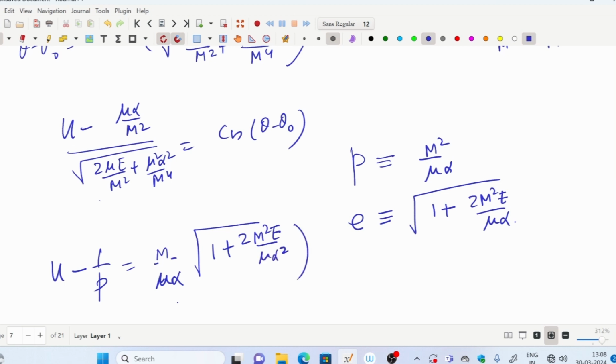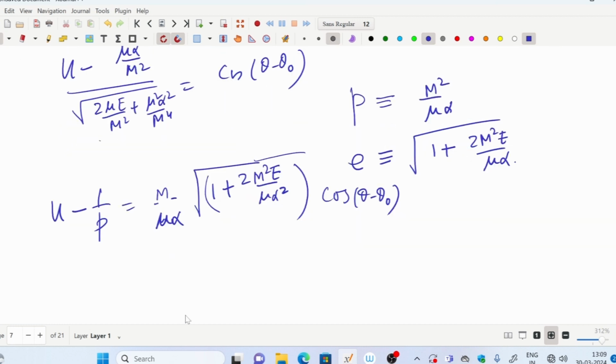You can find the m to the power 4. So, m square will be there, E will be there, 2 mu, and mu square will get cancelled to mu, and there will be alpha square. Okay. So, this quantity times cos of theta minus theta 0. So, we are almost finding the solution.